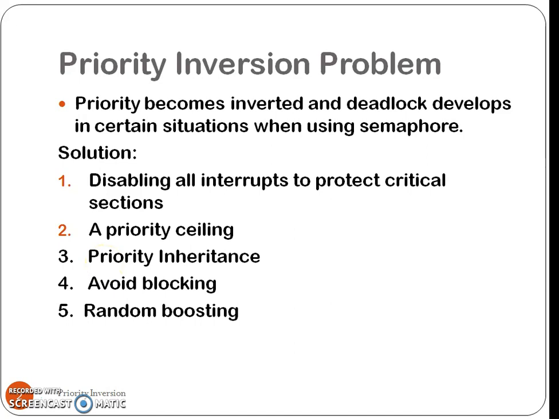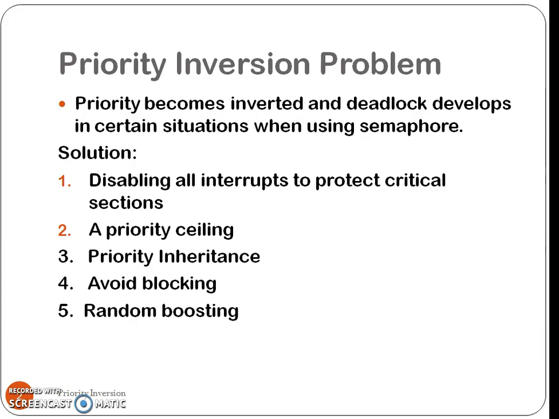It is nothing but temporarily boosting the priority of task C to that of task A whenever task C holds the semaphore and task A is waiting for it. So automatically priority will be given to task A. The fourth one is to avoid blocking of your task, and the last one is random boosting.